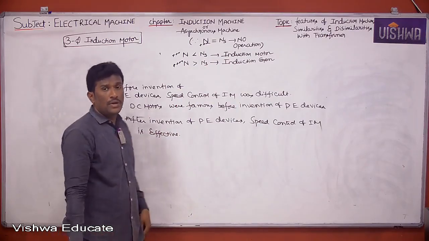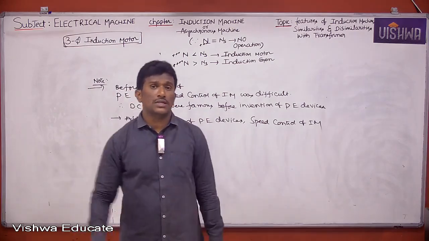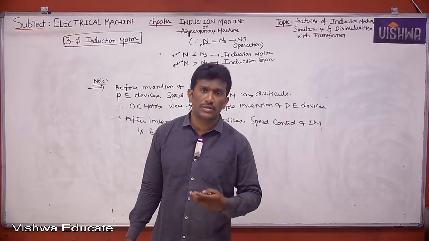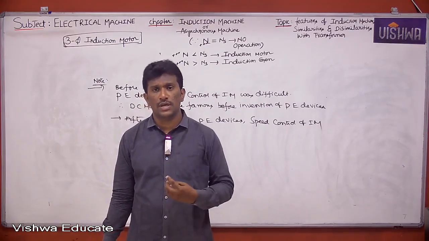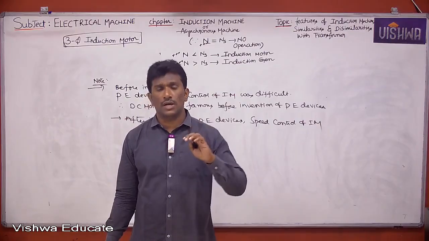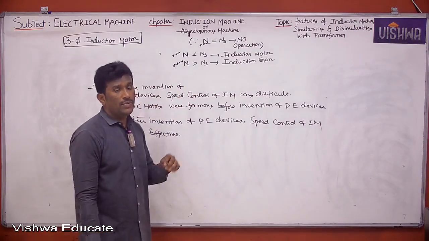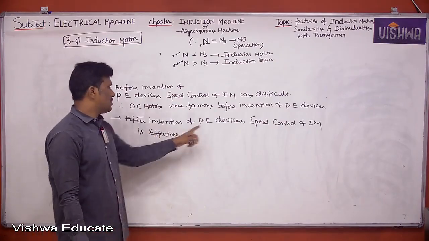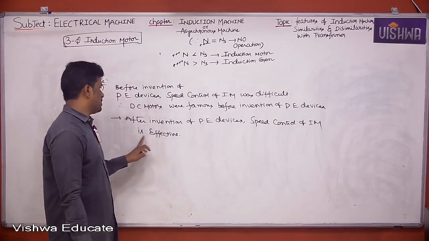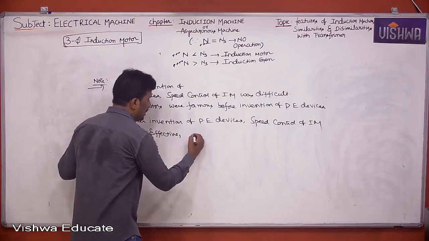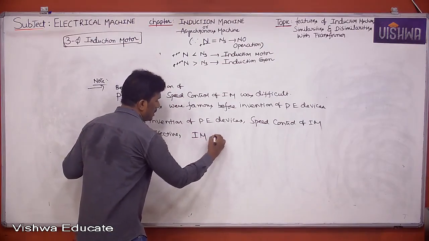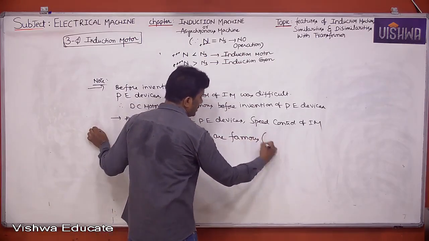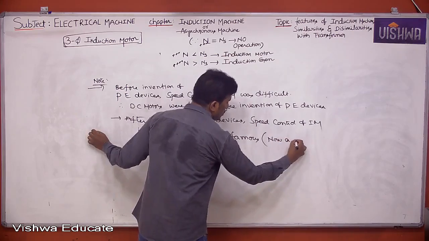At the same time, maintenance will be less in the case of induction motors. In a DC motor, you have to replace brushes frequently and clean commutator segments frequently. So maintenance will be less in the case of your induction motor. Because of these reasons, after the invention of power electronic devices, speed control of induction motors is effective, and nowadays induction motors are famous.